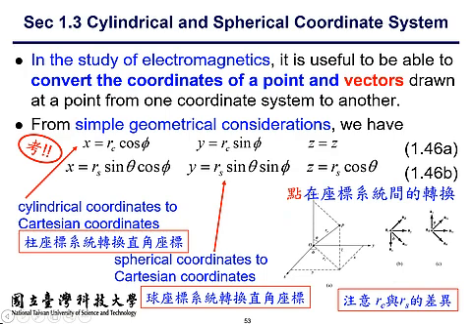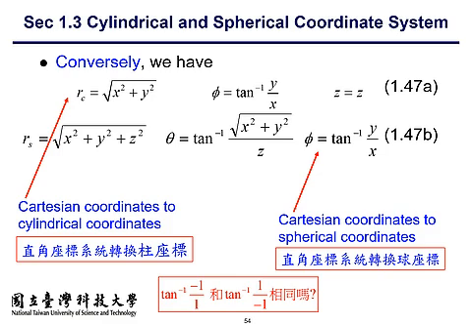And now that the order matters, this order matters. And for the conversion between cylindrical coordinate system and Cartesian coordinate system, the cylindrical to Cartesian one is 1.46a. How about the inverted one, that is 1.46b, and it's essentially the same as I wrote on the blackboard.